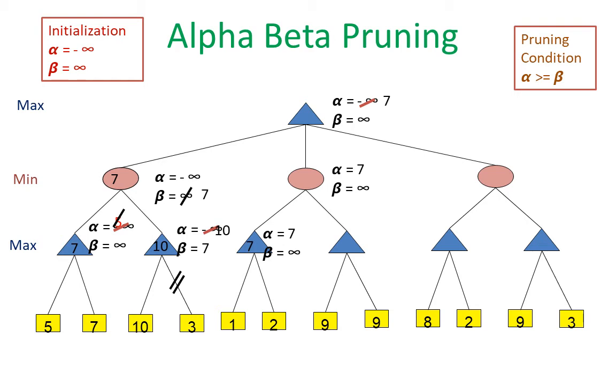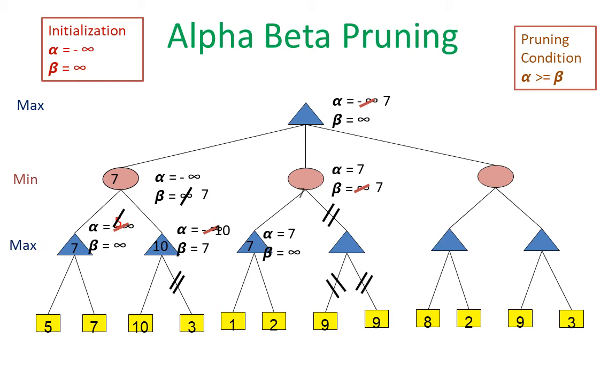So the same value is again passed to the left child. And here the max player has to take the decision. Here the first value is 1, which is less than 7, so it is not changed. Similarly here 2, that is also less than 7, so alpha retains the same value 7 here.